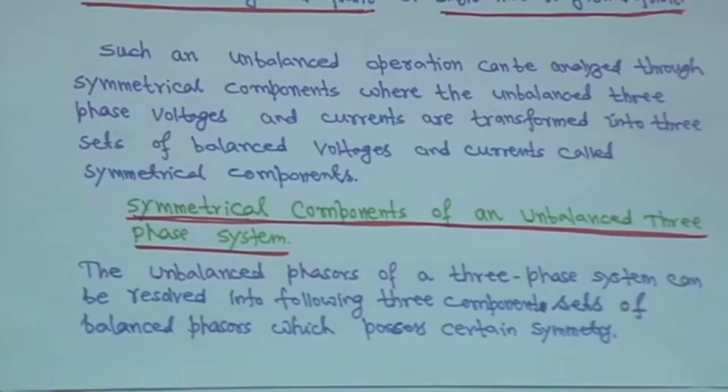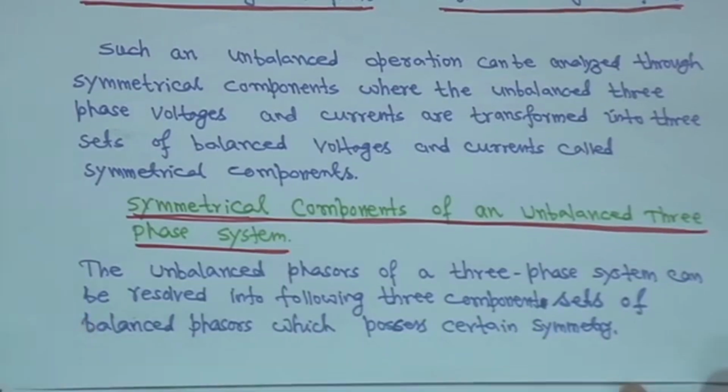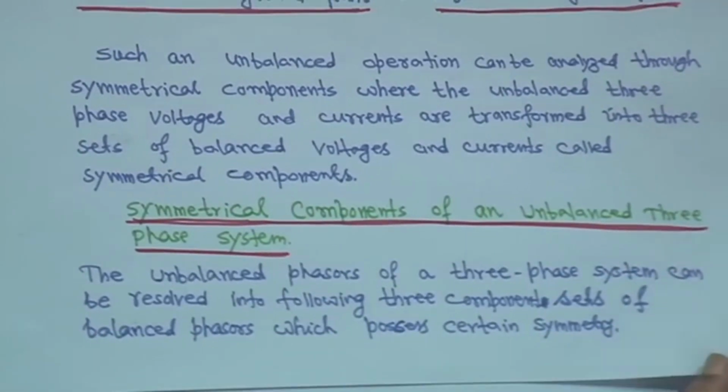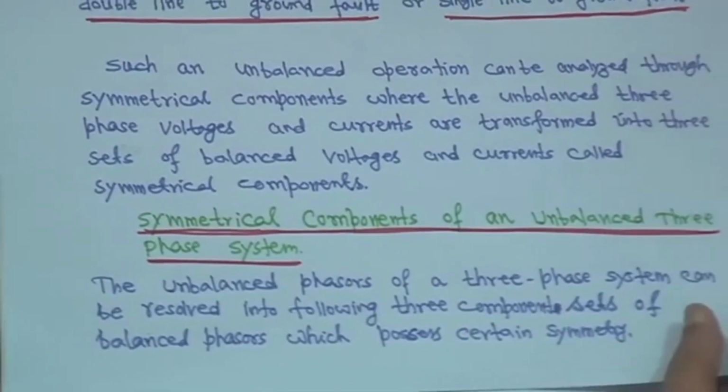So, symmetrical components of an unbalanced 3 phase system, right. The unbalanced phasors of a 3 phase system can be resolved into the following 3 component sets of balanced phasors, which possess certain symmetry. That means, for unbalanced phasors, voltage or current, we can resolve into the following 3 component sets of balanced phasors, and they have some symmetry.